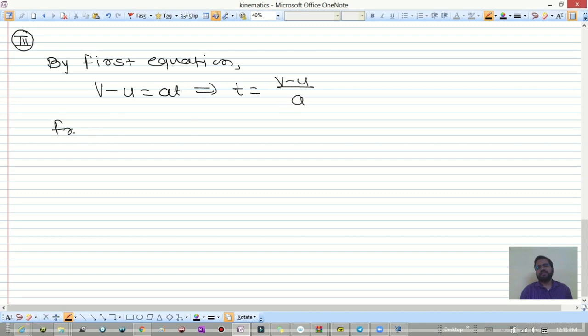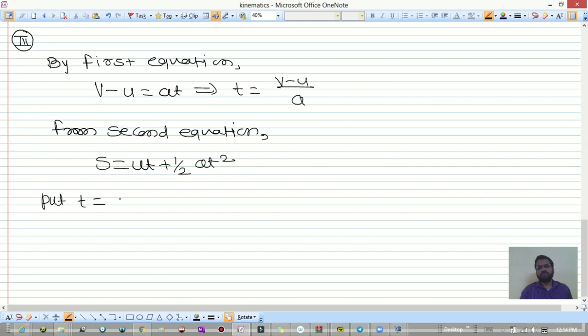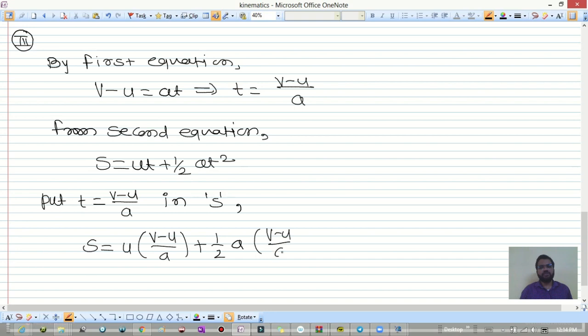And from the second equation, s is equal to ut plus half at squared. Now put t is equal to v minus u divided by a in s, then we'll get s is equal to u times (v minus u divided by a) plus 1 by 2 a times (v minus u divided by a) whole squared.